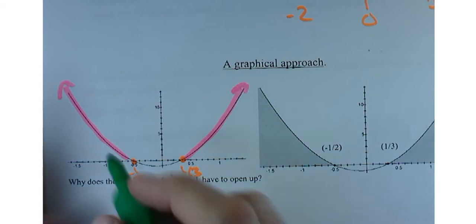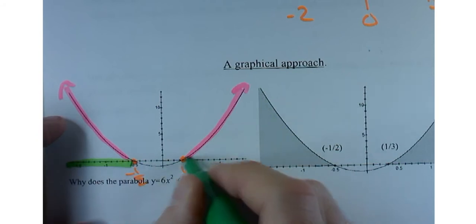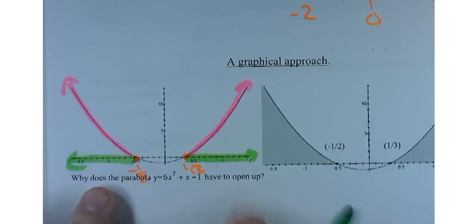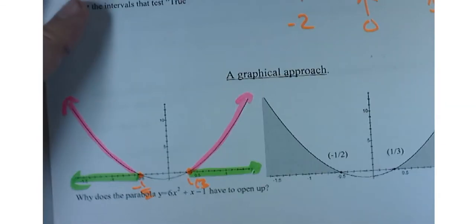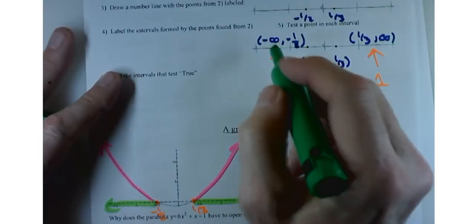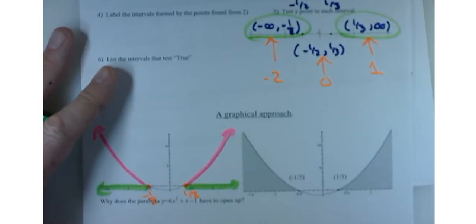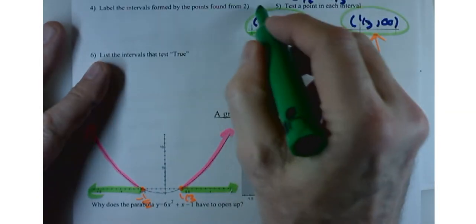So the problem is going to want to know, what's this interval? What's this interval? Those exactly correspond to the intervals that we outlined up above. It's this one and this one. That's where the function is positive, right here and here.